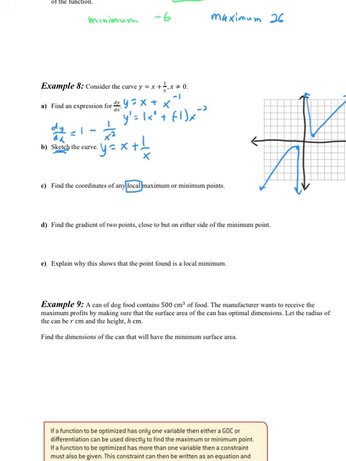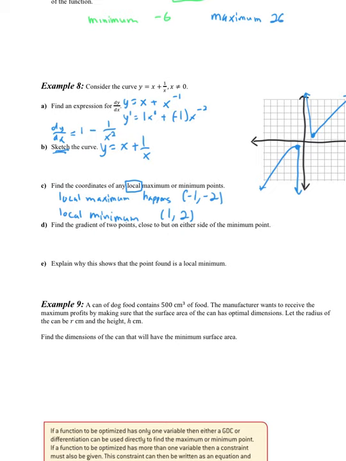Local maximum happens right here. That's at -1, -2. Local minimum is at 1, 2 on the other side. All right. So we can identify the local maximum and the local minimum.